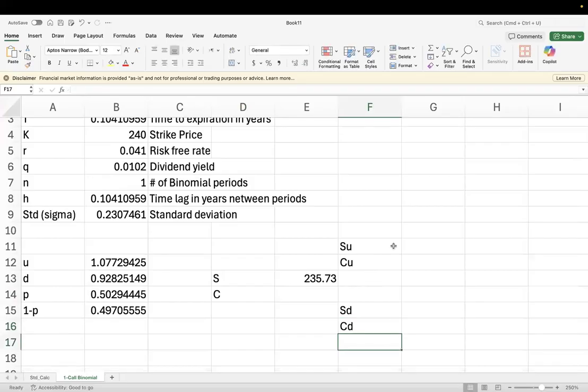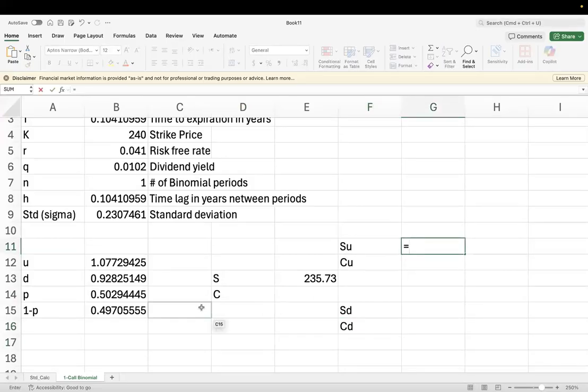So here SU equals this guy times U. By the way, it's a good idea, whenever we are referencing a cell, to put a dollar sign so we know that this is where we are fixing these things.